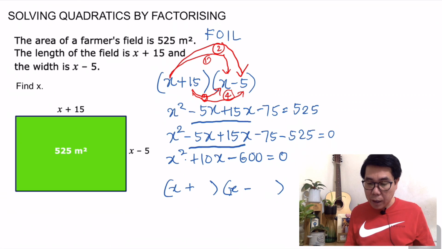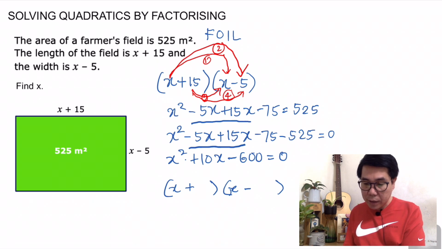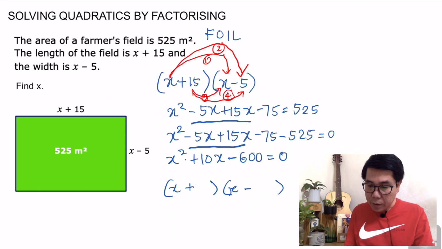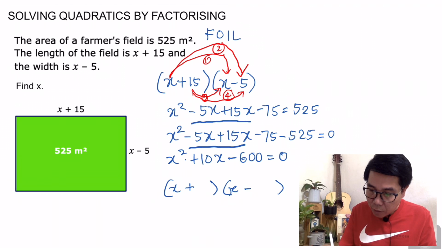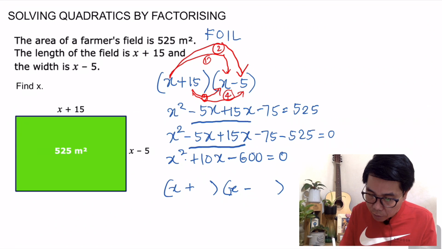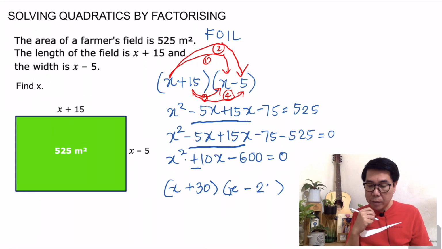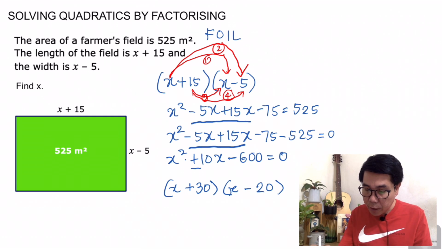If you put them together, one negative and one positive, it will give us 10. So the sign here is positive, so the bigger number here should be 30 and the smaller number here should be 20. So it will become x plus 30, one factor, and x minus 20, another factor, is equal to 0.